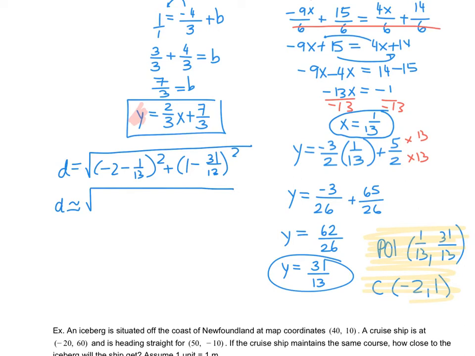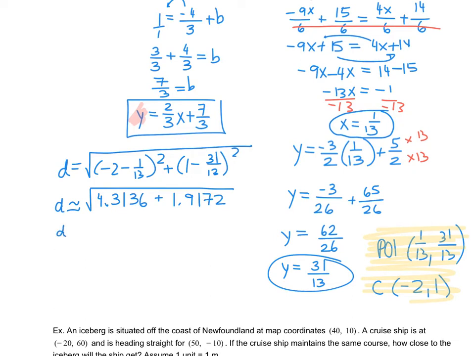So I simplified that first bracket, and I'm just going to put 4 decimals, okay, because I am losing accuracy here. And then for the second bracket, I'm going to do 1 minus 31 divided by 13. And then I'm going to square that answer. And I end up with approximately 1.9172 when I'm rounding to 4 decimals.